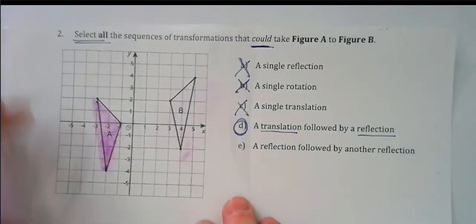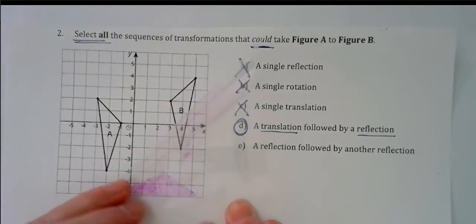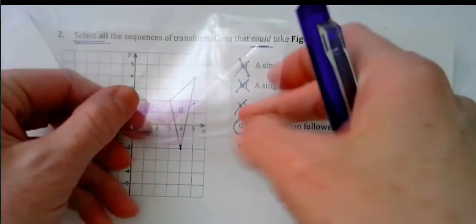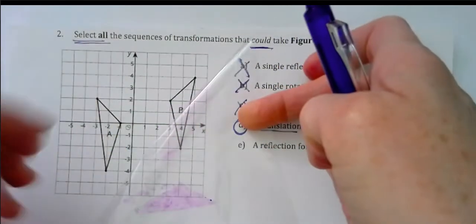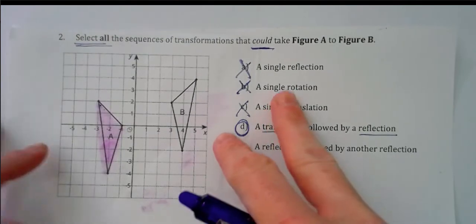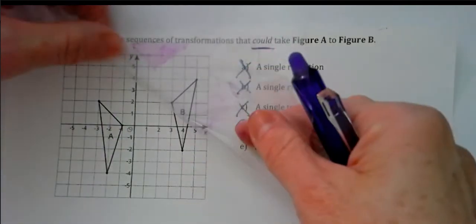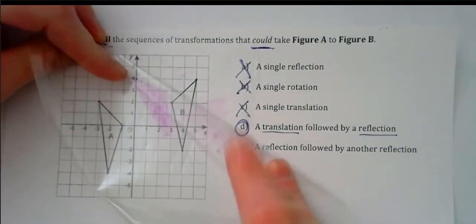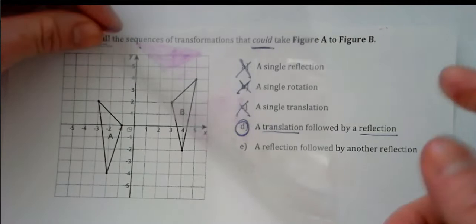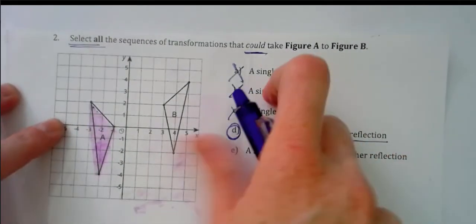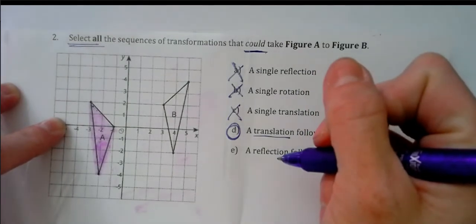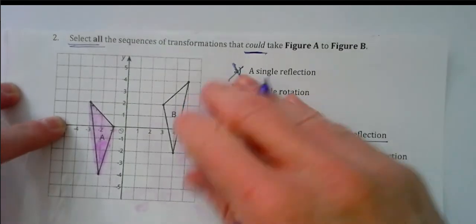If I were to reflect diagonally and reflect again, it still doesn't line up. Maybe if I reflected this way, yeah, there are no options to reflect twice, as far as I can tell.